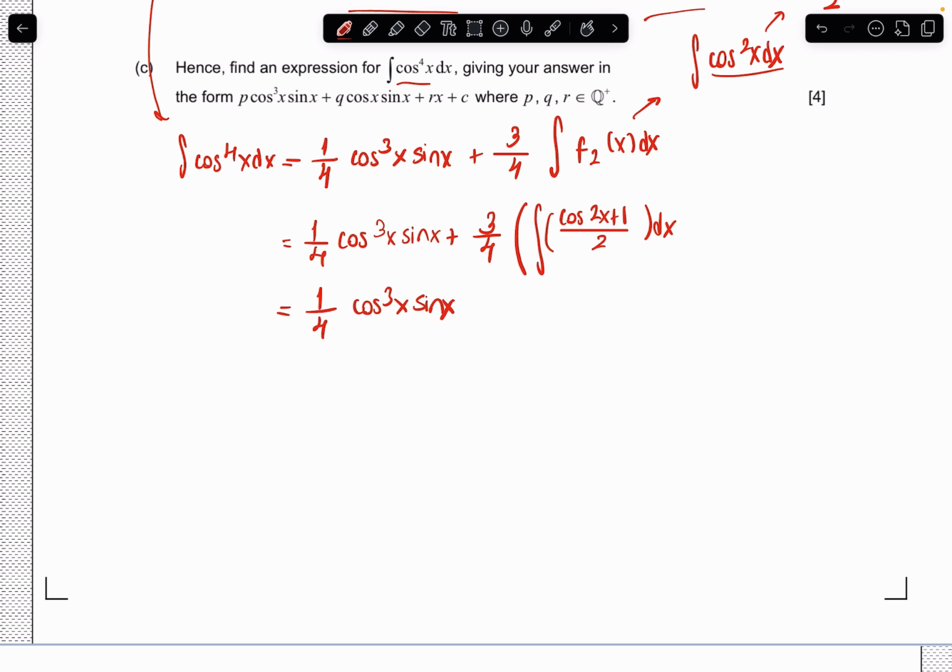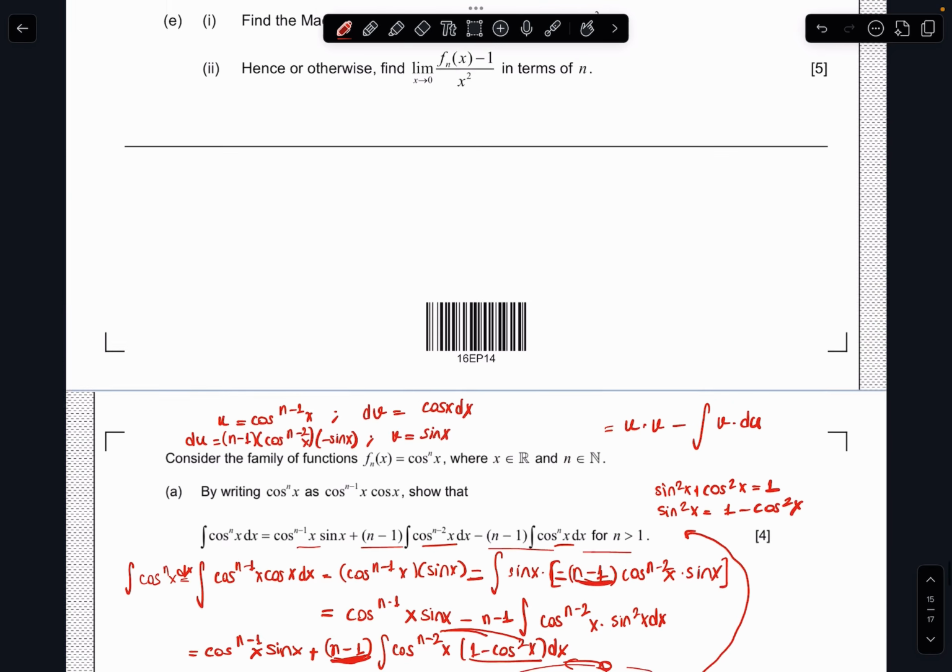Then I will be confidently able to say 3 over 8 cosine x sine x and 3x over 8. And the most important thing, you should not forget the C that we have here because it's another important mark. So let's return to the basis of the question.